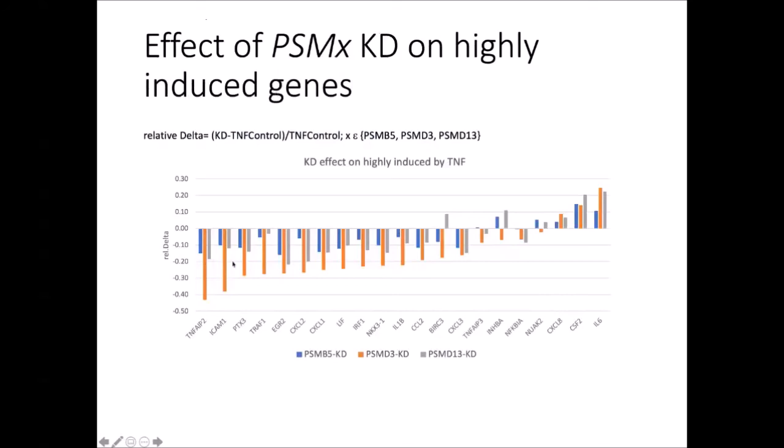And it turns out that the majority of them, if you look at the knockdown effect in a relative difference, actually have a negative effect on the response to TNF. So you have here blue is the effect of B5 knockdown, D3 knockdown is this reddish thing, and gray is the knockdown effect of PSMD13.